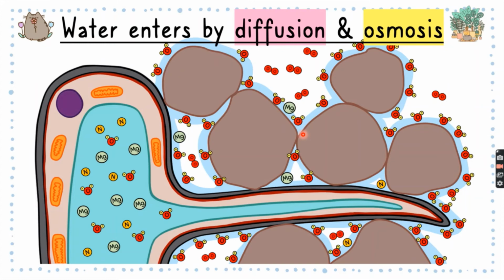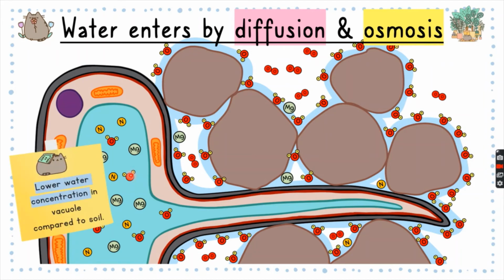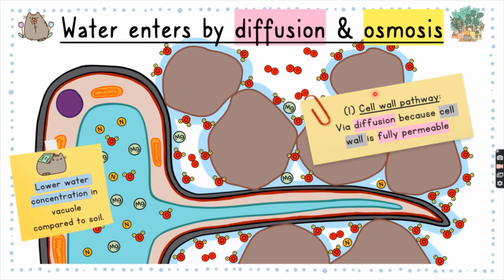Okay, so how do they absorb the water first? Water actually enters the root hair cell via diffusion and osmosis. So there are two pathways here. Because there's lower water concentration in the vacuole compared to the soil, firstly, we have the cell wall pathway.